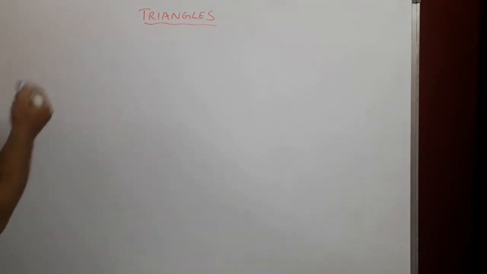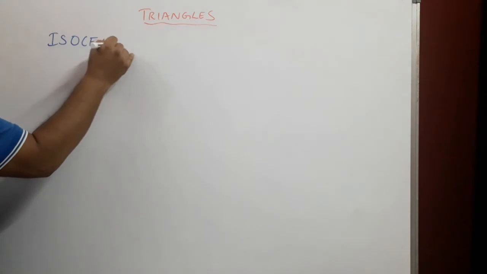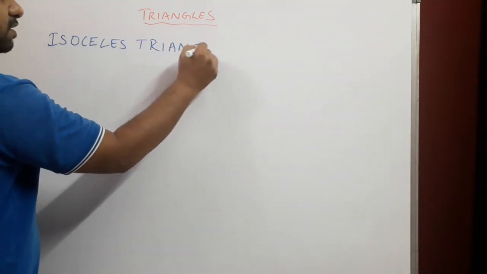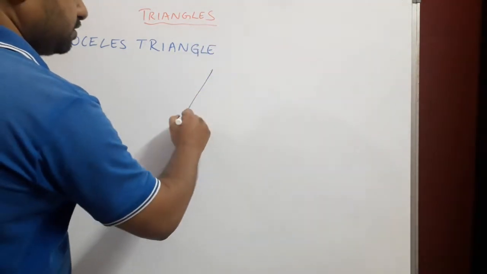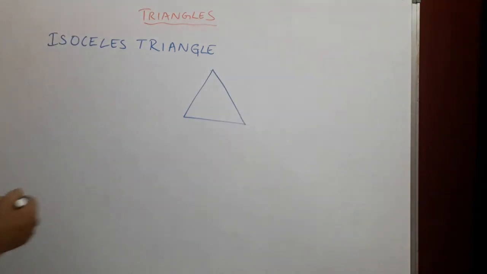Our next triangle is called the isosceles triangle. In an isosceles triangle, two sides are equal, any two sides.